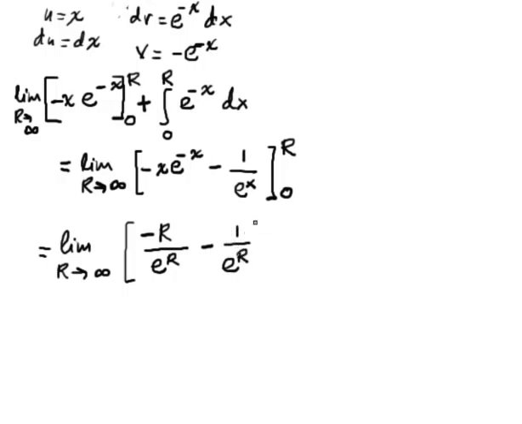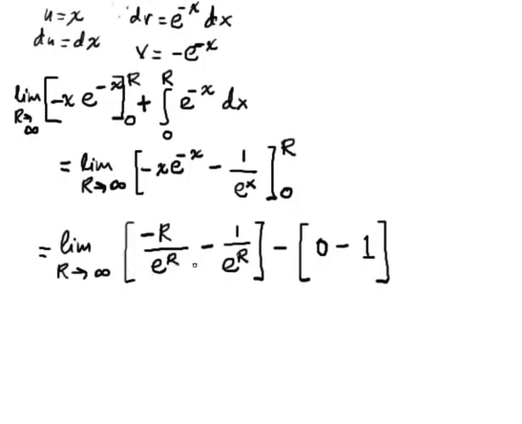And now we substitute in 0, and subtract. When we substitute in 0 here, we get 0 minus 1 over e to the 0, so that would be 1 over 1. So I'll do 0 minus 1 here.